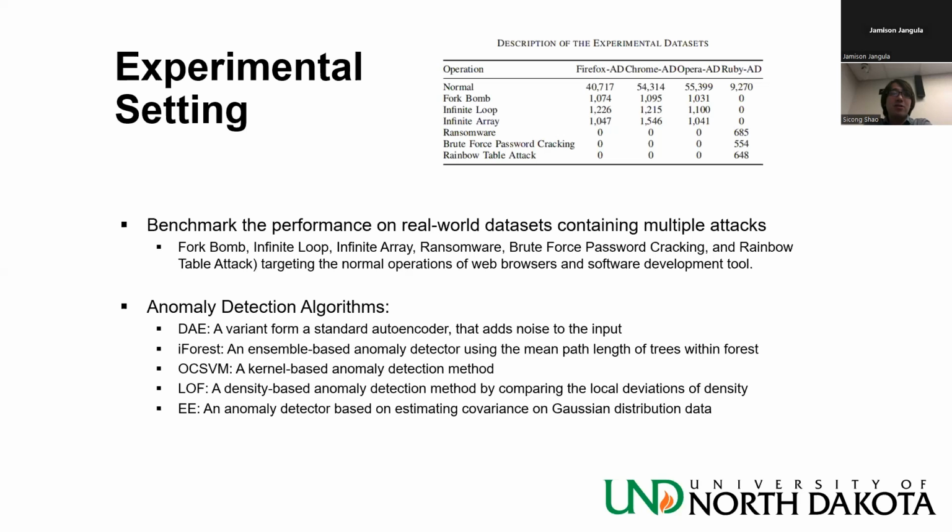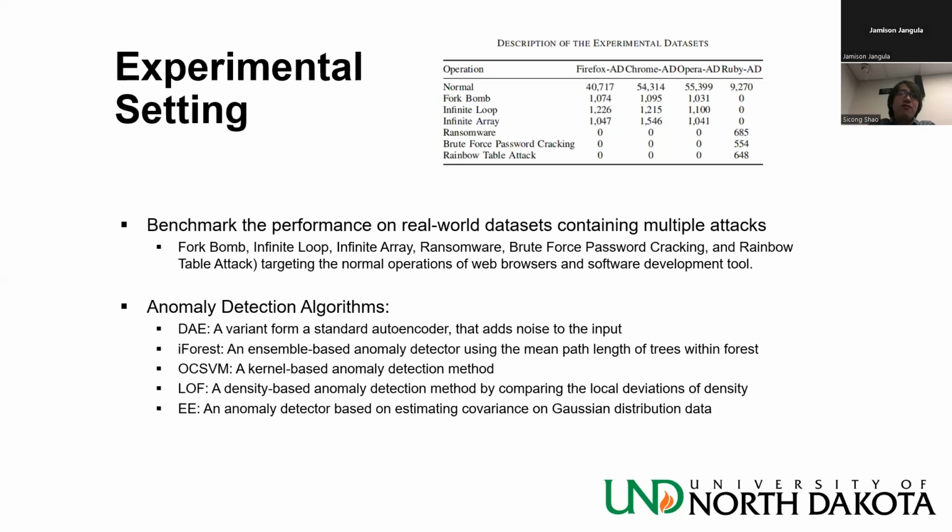And then we also created several attack scenarios to collect the abnormal behavior. The attacks we use here are the fork bomb attack, infinite loop attack, infinite array attack, ransomware attack, brute force password cracking attack, and the rainbow table attack. And in order to compare with our autoencoder based approach, here we also use an advanced autoencoder, which is the denoising autoencoder.